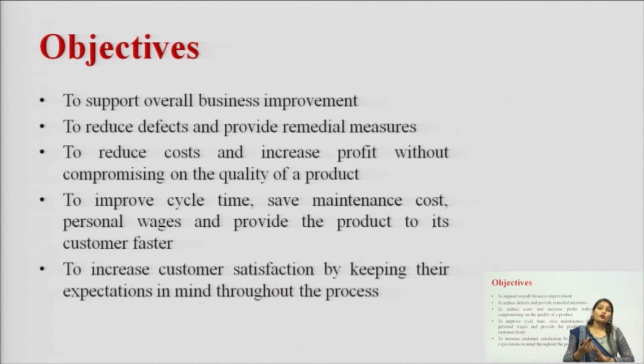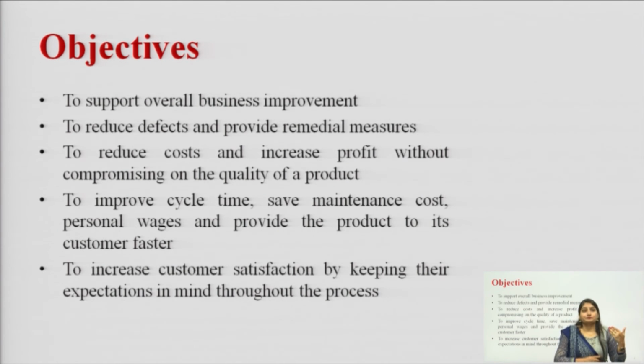So, we are focusing on the aesthetics of the product, means whatever the appearance of the product is, what is the expectation of customer, what does the customer want. So, by increasing the customer satisfaction, if we can understand the need of the customer, we can fulfill that also.